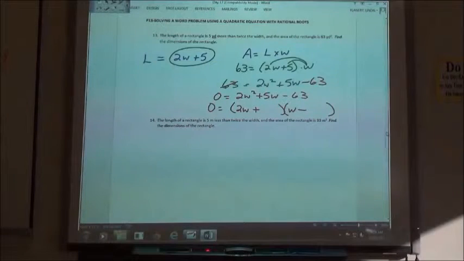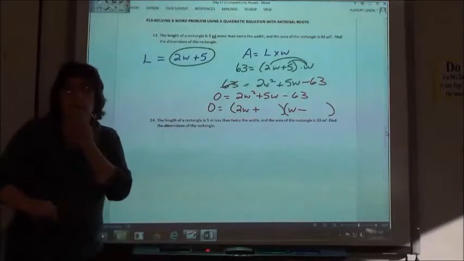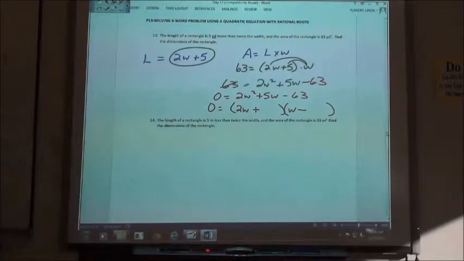Now we want the factors of 63 that, when we do the outside plus the inside, we get a 5. So we've got to think about our factors of 63. What times what is 63? Is it 8 times 8? Nope, 8 times 8 is 64.